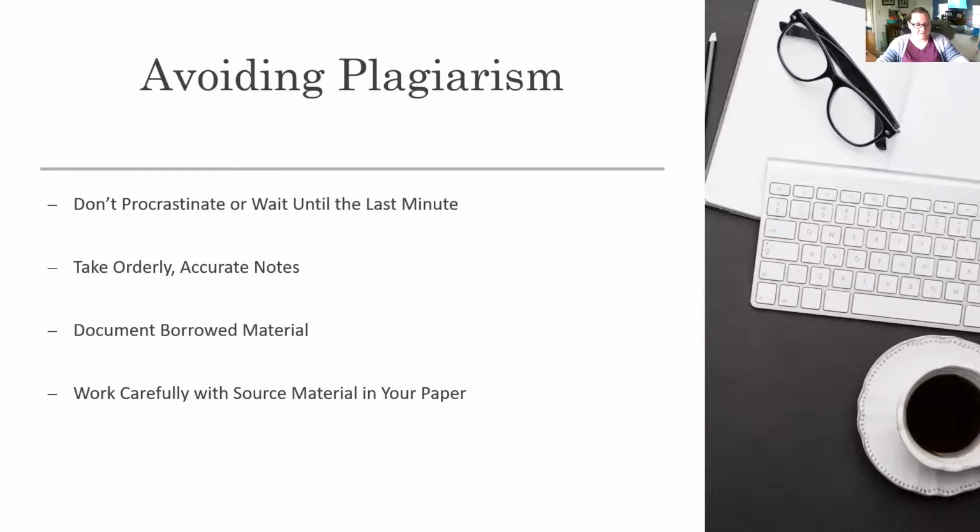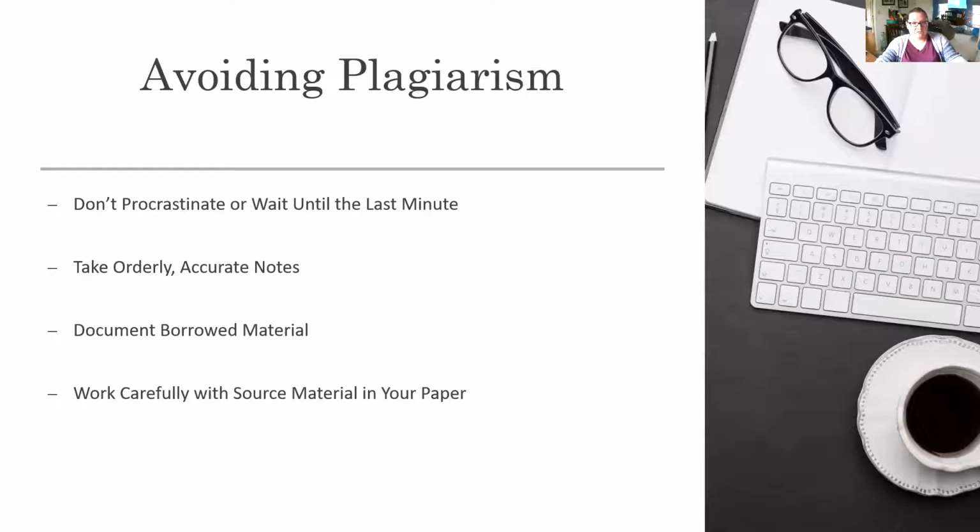That makes the panic set in, the anxiety set in, and you are more likely to fall to temptation just to get it done than if you had worked on it little by little along the way. So try not to procrastinate on the research paper.